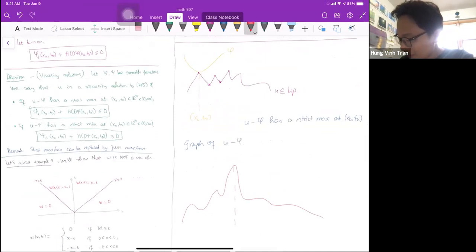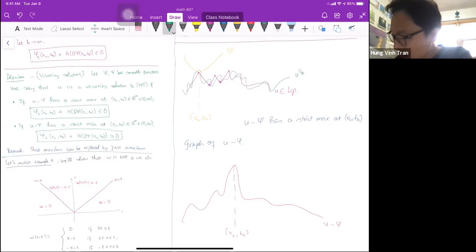So this would be the graph of u minus phi, and it has a strict maximum at one point, x naught, t naught. So there are two different ways to visualize the picture. Now, I know that u epsilon k is near u, right? So u epsilon k is something like this.